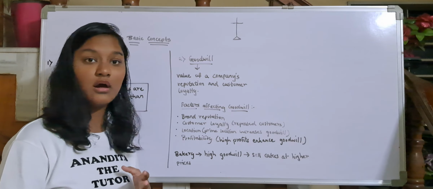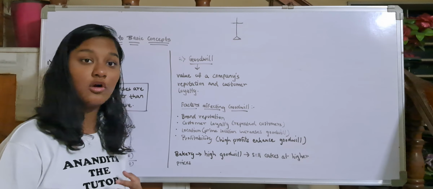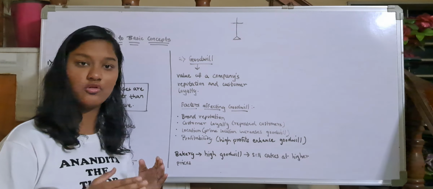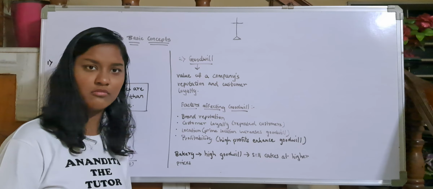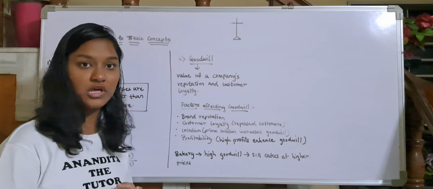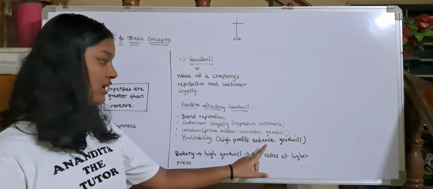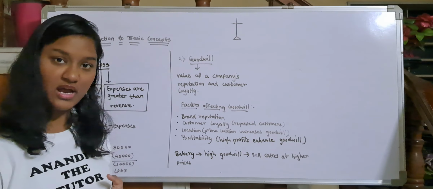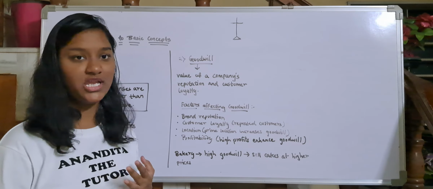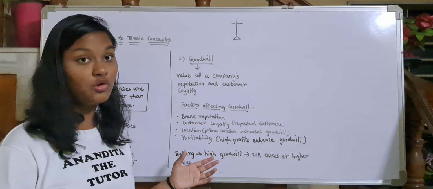You can keep and conduct your business there, and people will see that you have a business in the heart of the city, the prime location, so they will buy goods from you. Then profitability. High profits enhance goodwill. If your profits are high, it tells indirectly that your goodwill is very high, so your customers will prefer buying goods from you only.